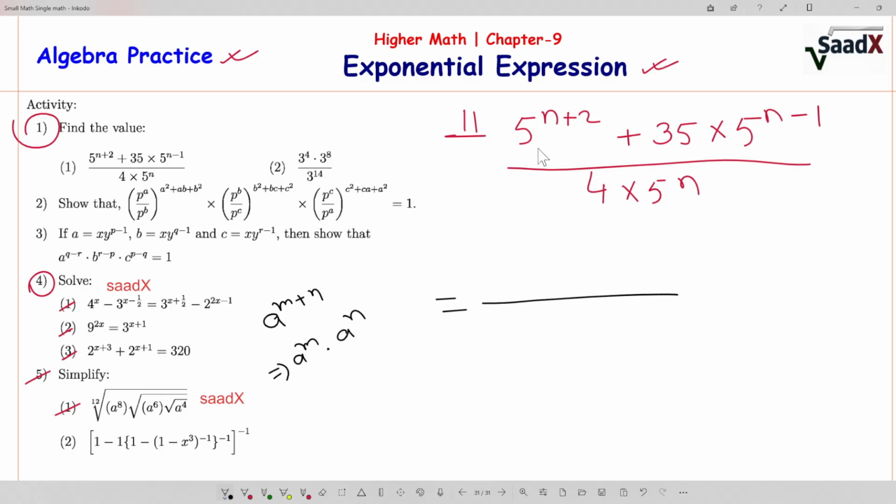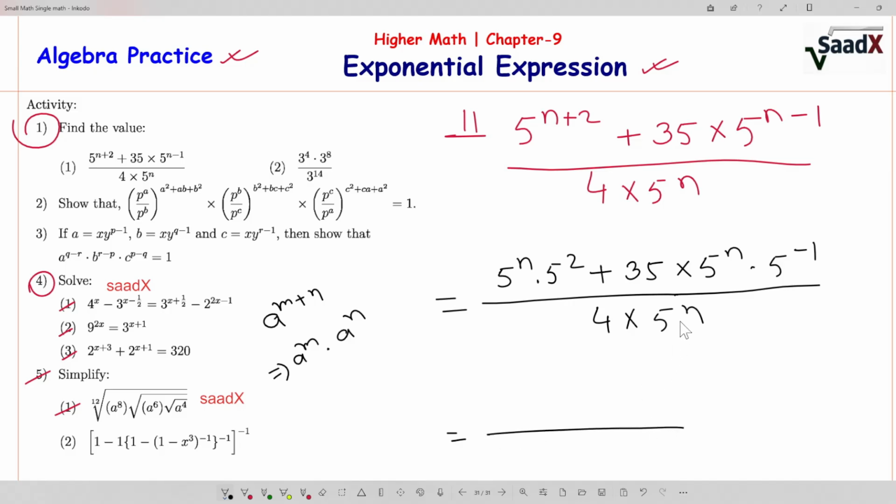So here is also a similar thing, 5 to the power n plus 2, we can write 5 to the power n times 5 square, plus here 35 will be unchanged, and times here is 5 to the power n minus 1, we can write 5 to the power n times 5 to the power minus 1, divide 4 times 5 to the power n.